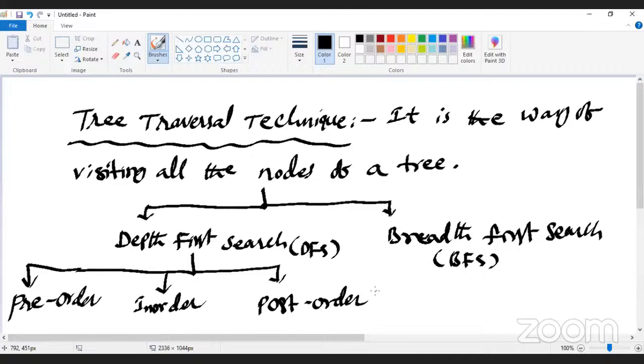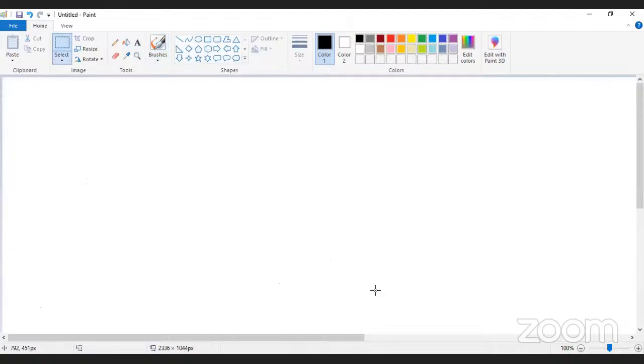You have to construct a BST, then write the orders. What is the order of pre-order, in-order, and post-order of the given tree elements? So we will see how the pre-order algorithm works, and how in-order will work.